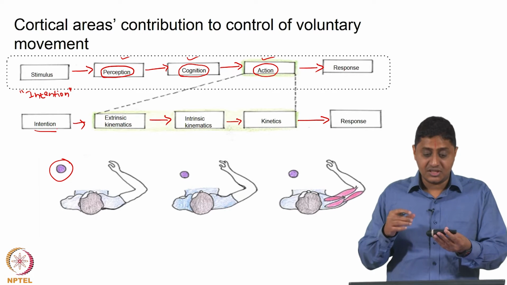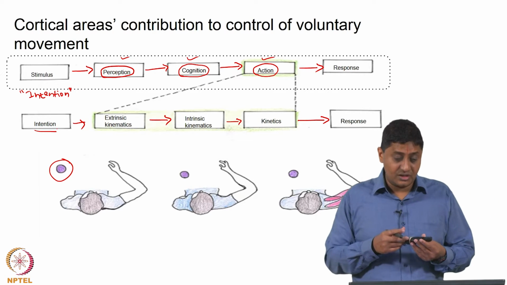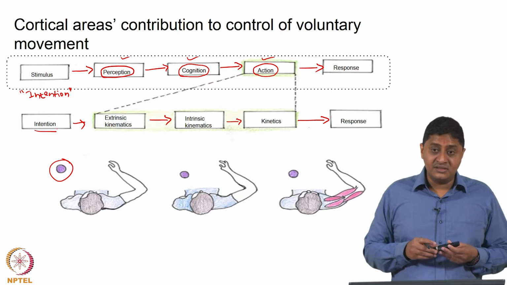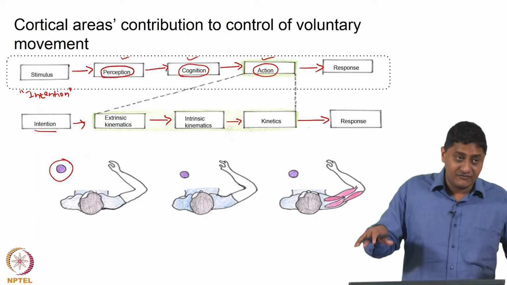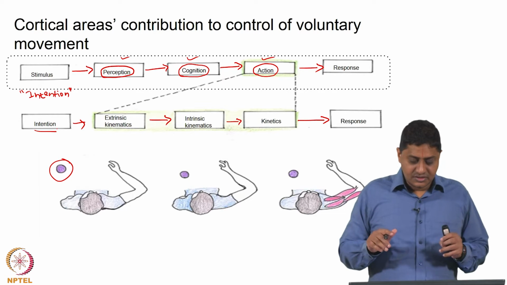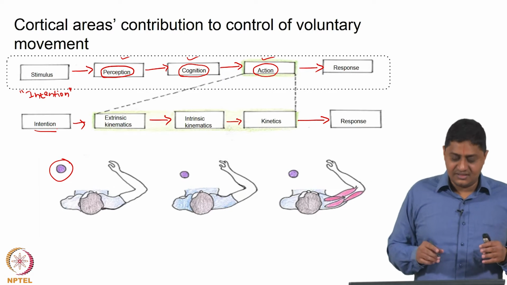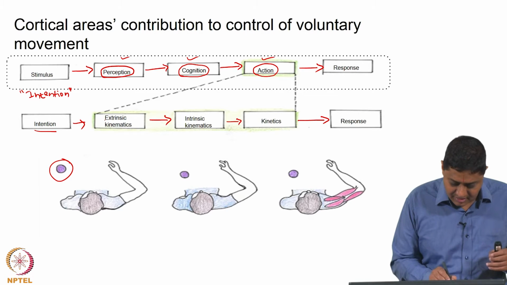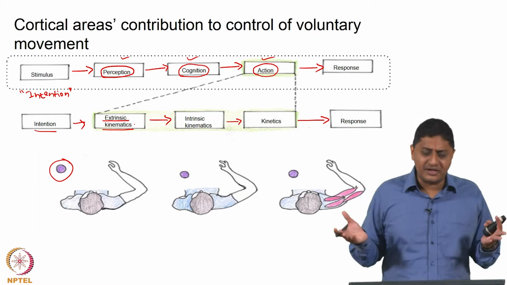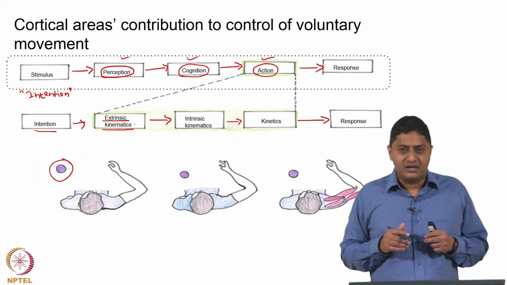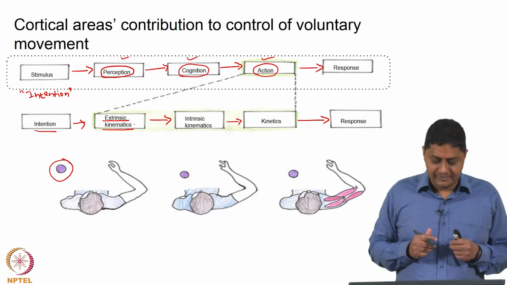Now, I have to make a decision about what will be the movement required in the external world. This is sometimes imprecisely called extrinsic kinematics. What that means is the endpoint kinematics, approximately, I think that is what is meant here.